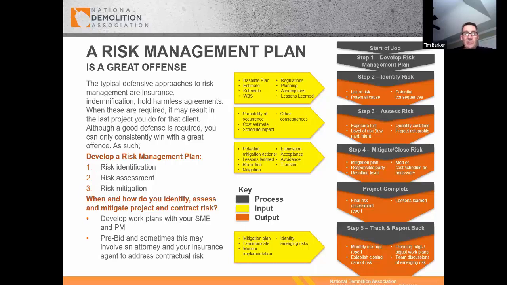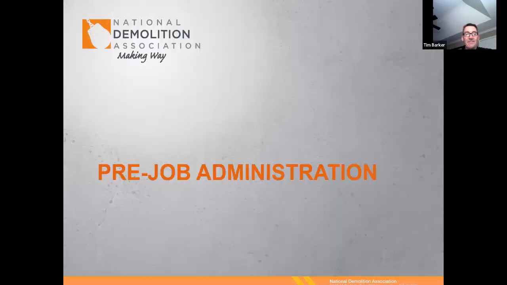It goes beyond insurance and indemnification and other things to really understanding what your risks are and what your risk thresholds are as a company as you look at individual projects. And again, if you can join us for the risk module, we'll really spend some time identifying, assessing, and mitigating the risk that creates a lot of challenges for small, medium, and even large-sized companies.